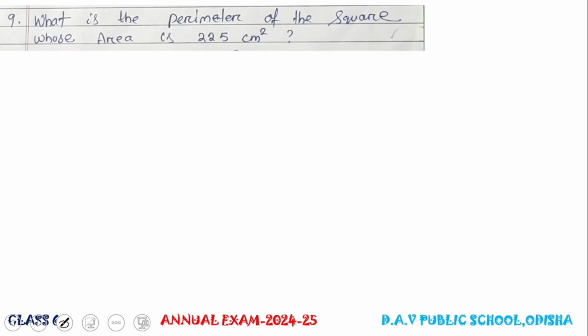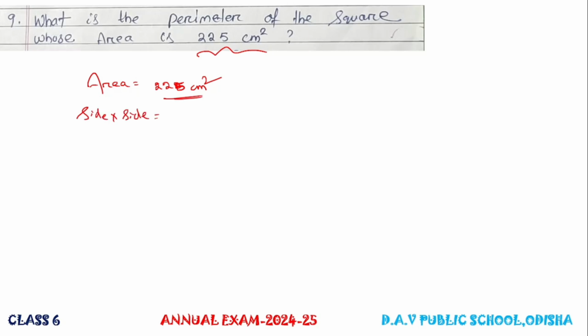Next question number 9. What is the perimeter of the square whose area is given? Write down area equal to 225 centimeter square. Now we can write side into side, in place of area equal to 225, we can write 15 centimeter into 15 centimeter, because when we multiply 15 with 15 it is equal to 225.